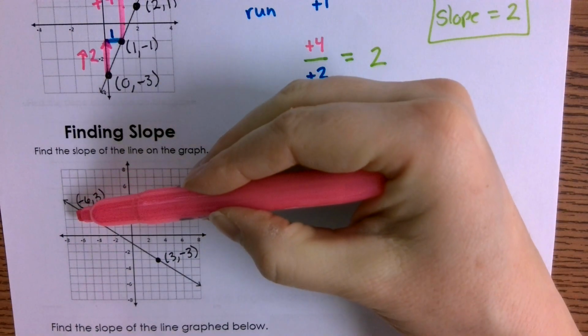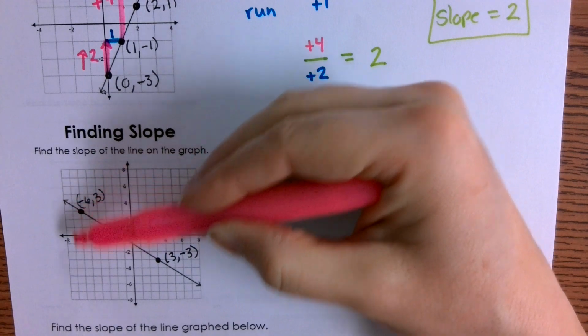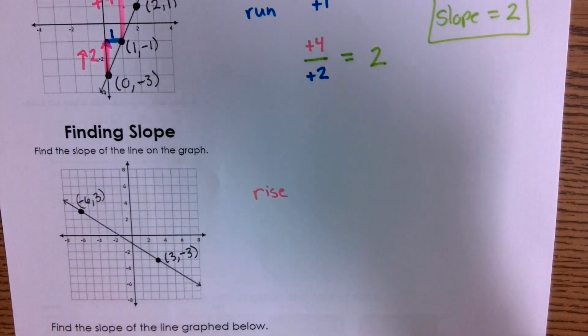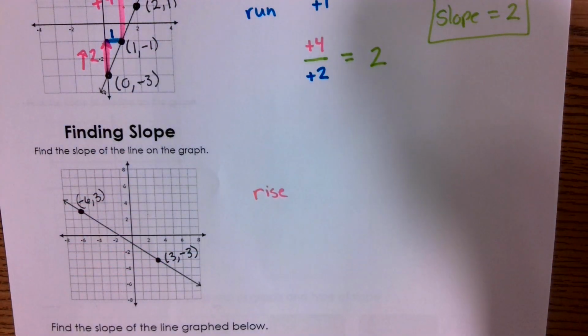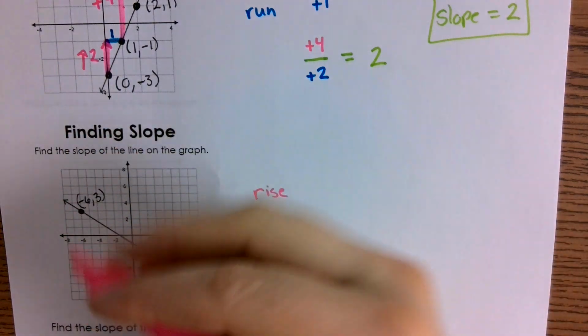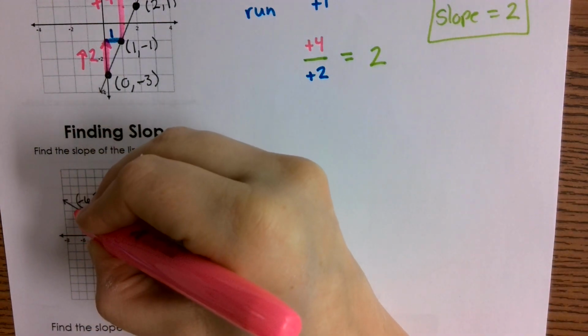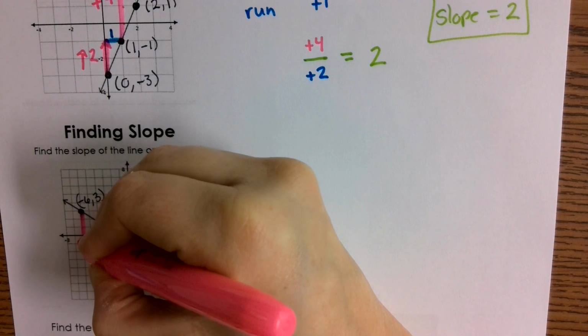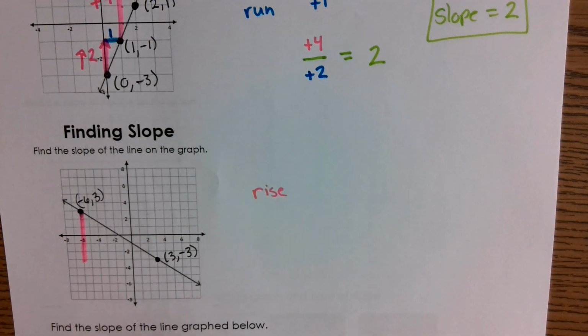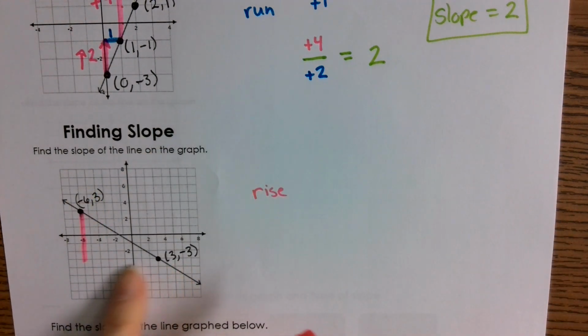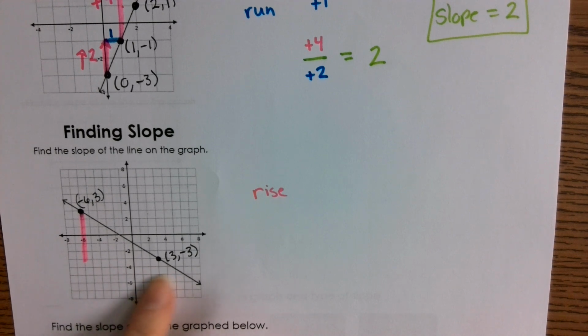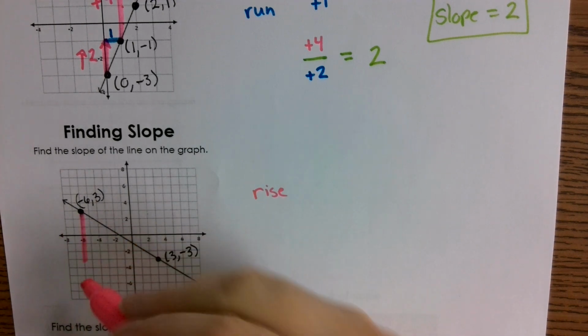From my far left point, do I need to go up or down? Down. That's where I get my negative from. Because I'm going down on the graph, I get a negative there. So now we need to count how far down do we need to travel to get to the same level as our second point. Okay, so go ahead and count that.